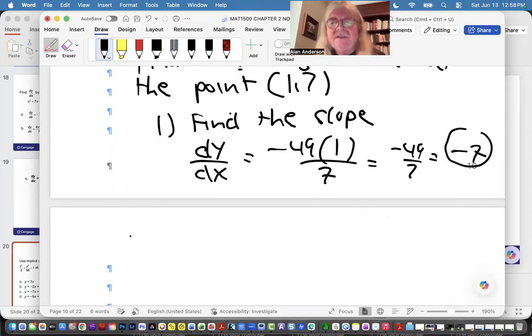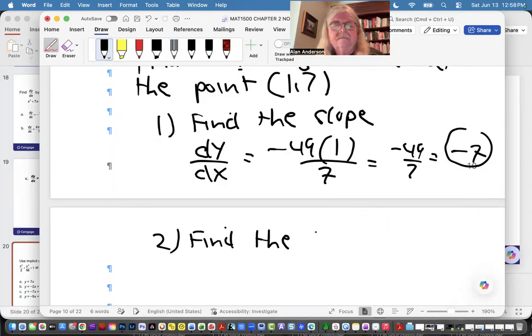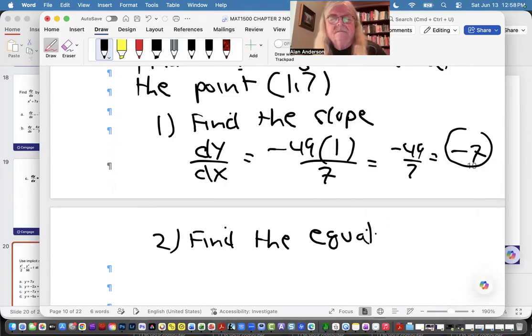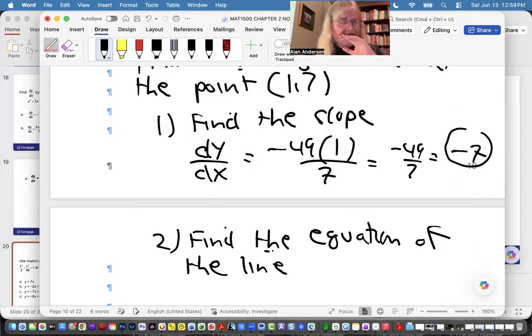Okay, great. So we have the slope. Now, this is the tricky part.